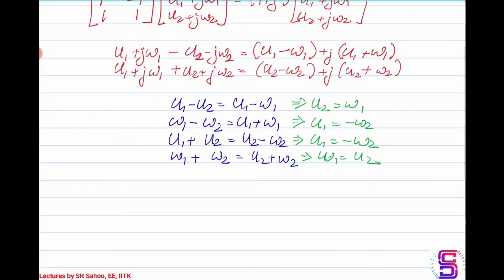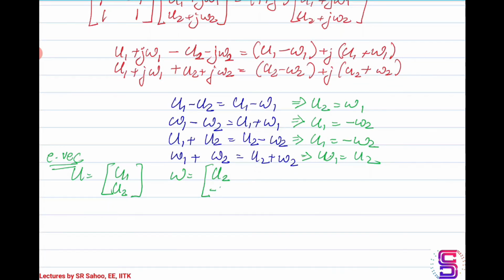So essentially what I have got is, if u is u1 and u2, then w is u2 and minus u1.